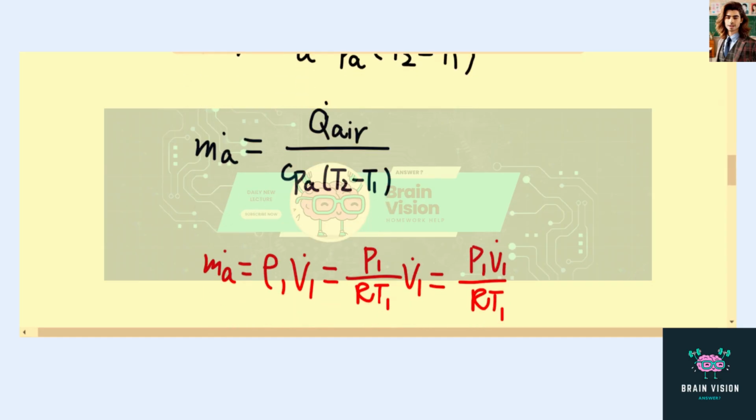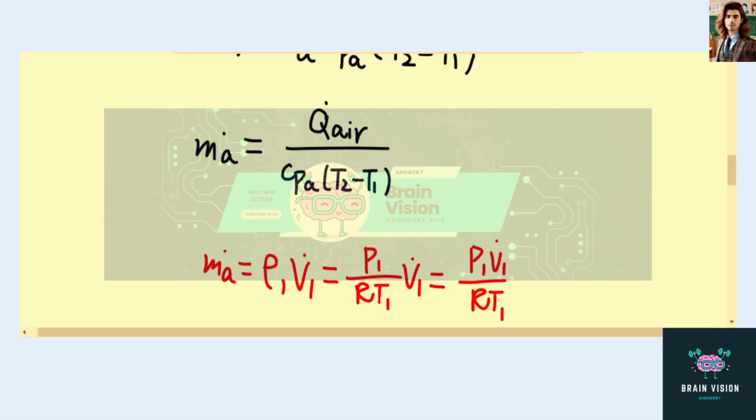Remember, the mass flow rate of the air can be expressed as ρ1 times V1 dot. ρ1 is the density of air at the inlet, and V1 dot is the inlet volume flow rate we need to determine, okay? And we know the density can also be expressed as P1 over RT1. So P1 is the inlet pressure of the air, and R is the gas constant of the air. T1 is the inlet temperature of the air, okay?